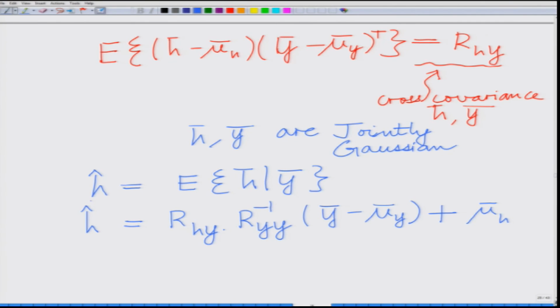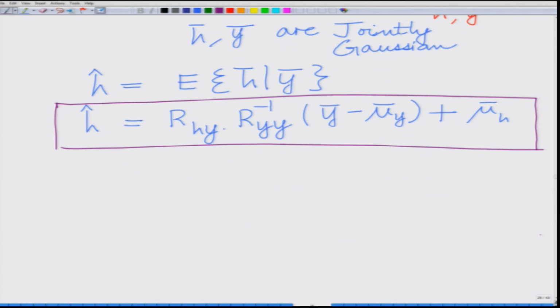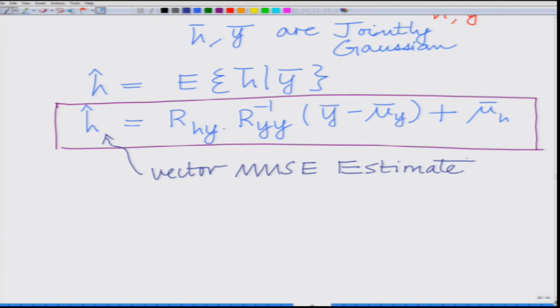This is another important aspect, and of course the most general, this is the vector MMSE estimate. And also the error covariance.